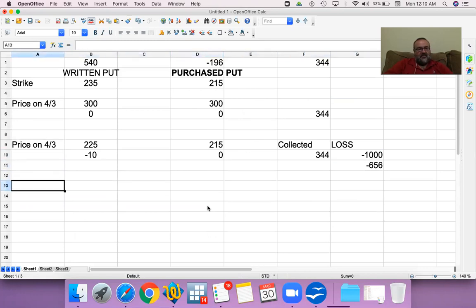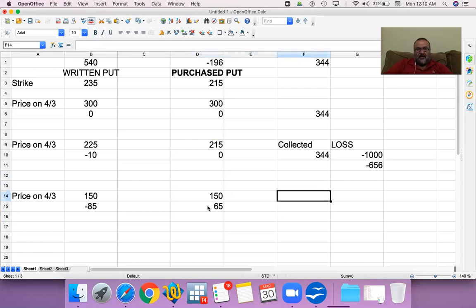Again, if the price on 4/3 is, say, $150, in this case we are going to lose a lot of money on the written put. That's $85. However, because we purchased the put, now we get to make money. So $215, and the current price is $150. Whoops, sorry, this is $150. So $215 because we purchased this, and then we make $65.